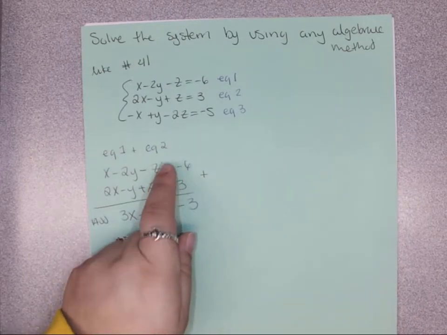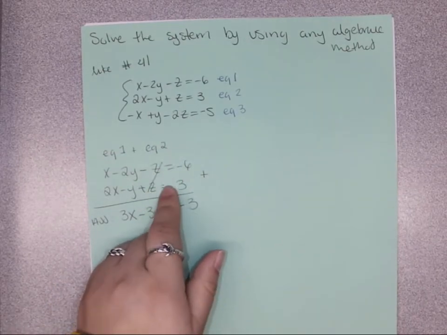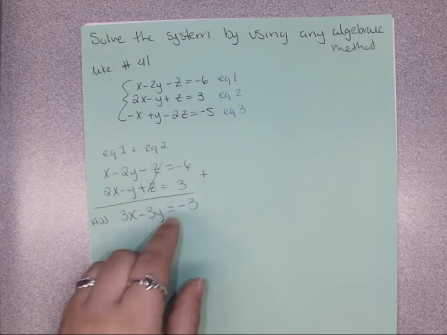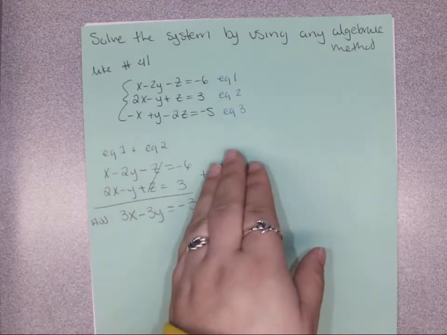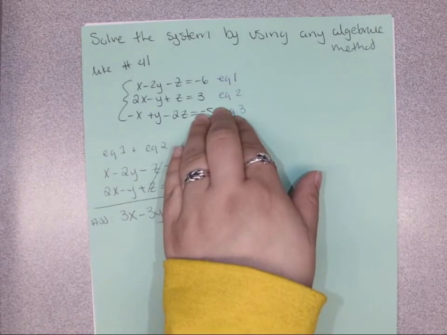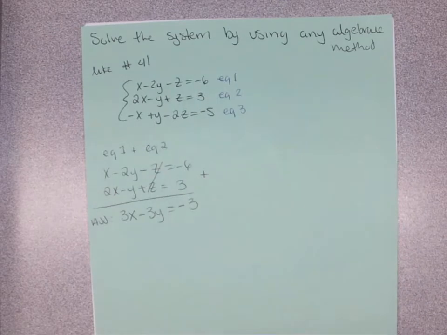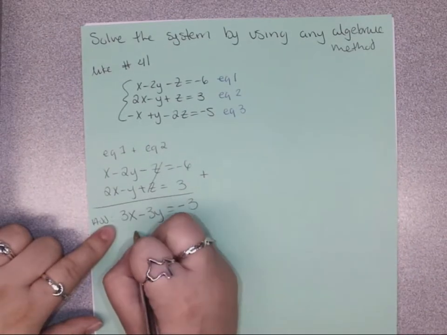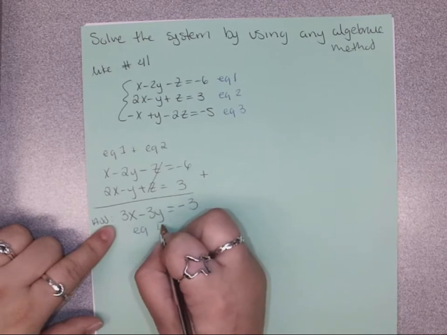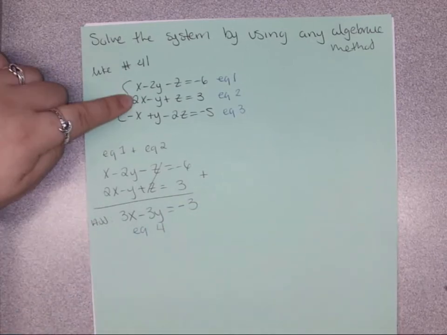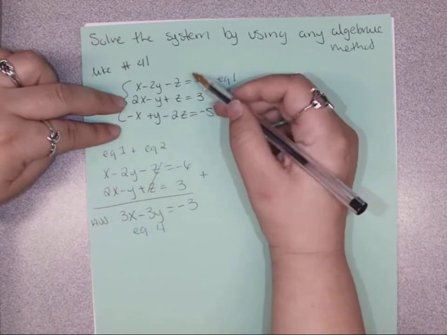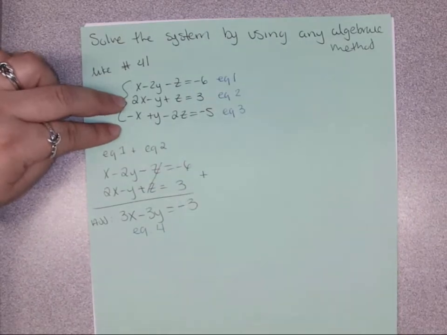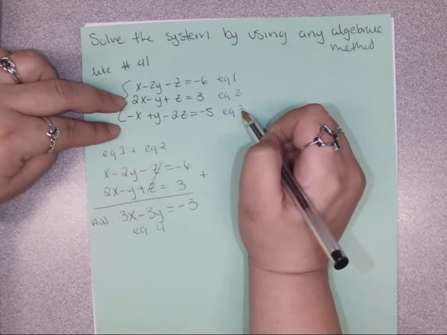Because I decided to get rid of z, I also have to get rid of z using the next equation. The result is a new equation, and I'm going to name it equation 4. Now I need to get rid of z using equation 2 and 3.